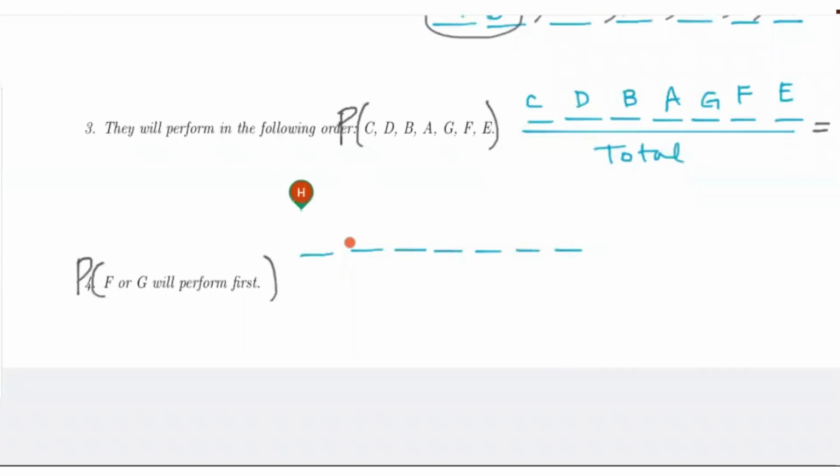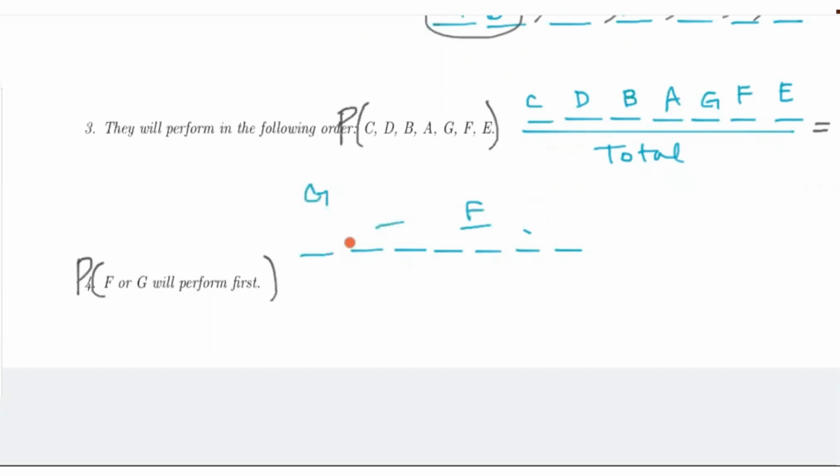Here is F or G. So for example, if I put F here, then G has to be somewhere here. Agree? G has to be somewhere here. If I pick, instead of F, if I pick G, then F has to be somewhere here. You know what I mean?